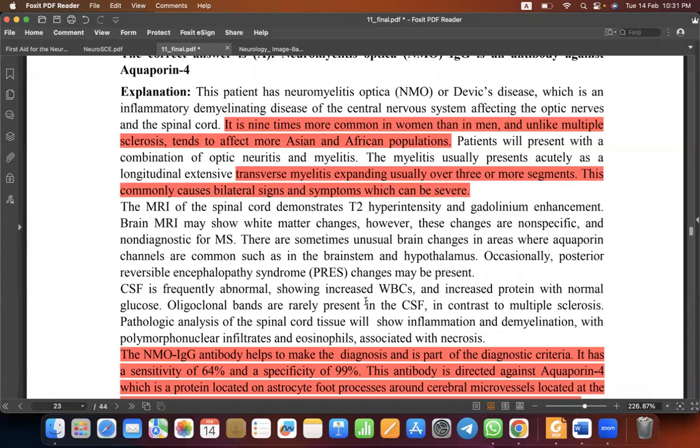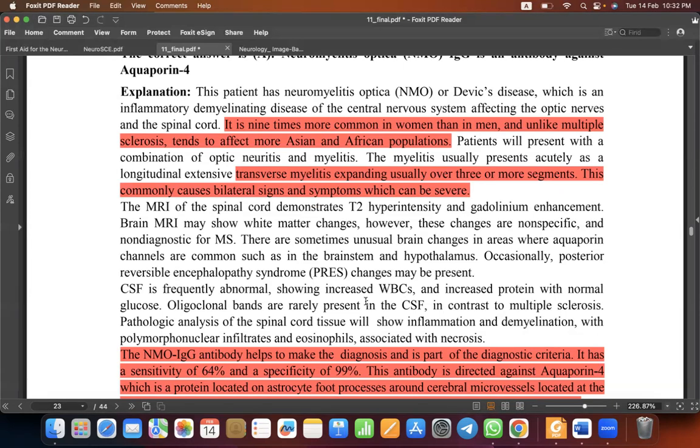Unlike multiple sclerosis, it tends to involve Asian or African populations as well. The patient will present with a combination of neuritis and myelitis. The myelitis will present acutely as a longitudinally extensive transverse myelitis, usually involving more than 3 segments. The MRI shows a T2 hyperintensity with gadolinium enhancement.